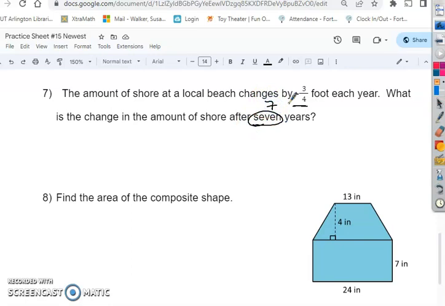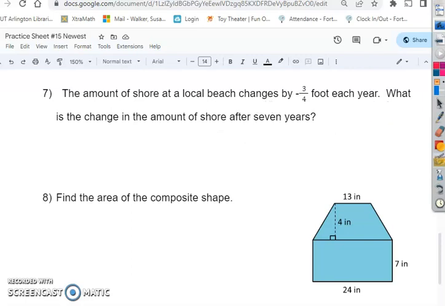So every year, it recedes. It goes back by 3/4 because the water comes up, so we have less sand every year. So we do this for 7 years. You can put 7 over 1. Your job is to multiply and make mixed. Hint, hint. This will be a negative answer. If you don't put a negative, no credit.